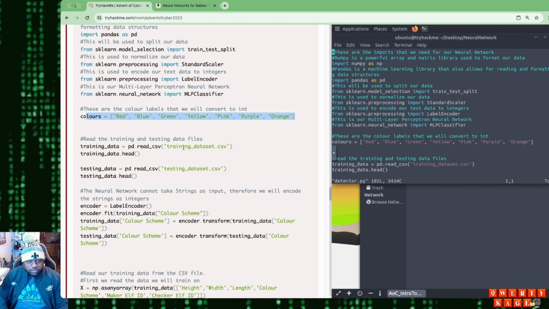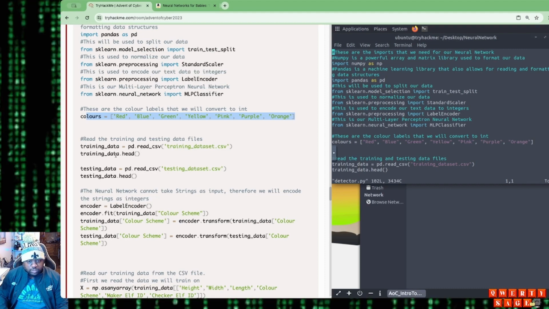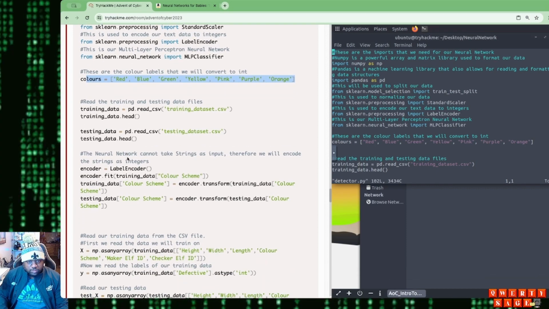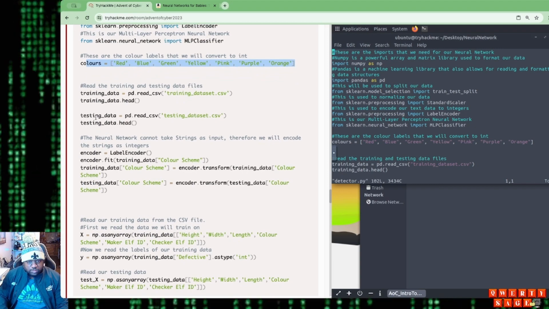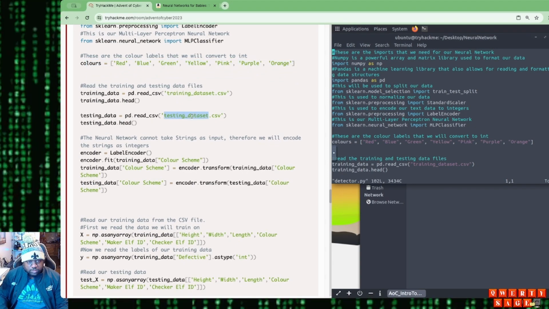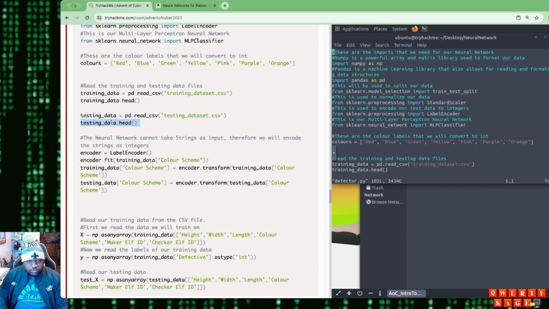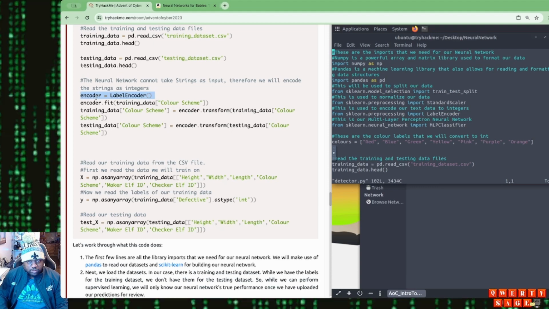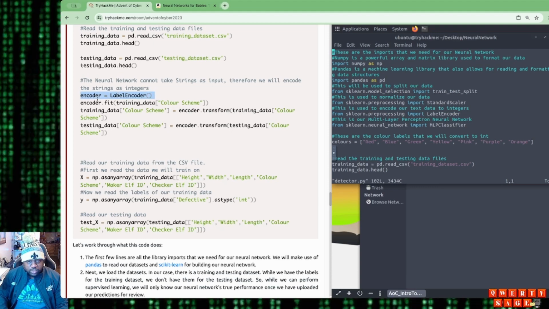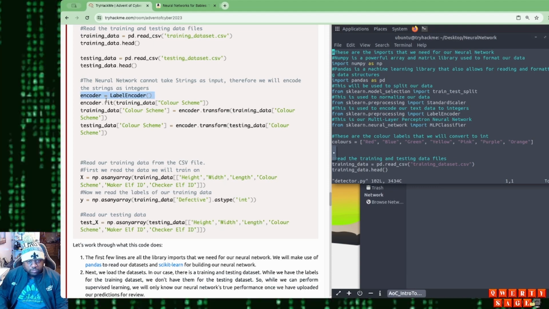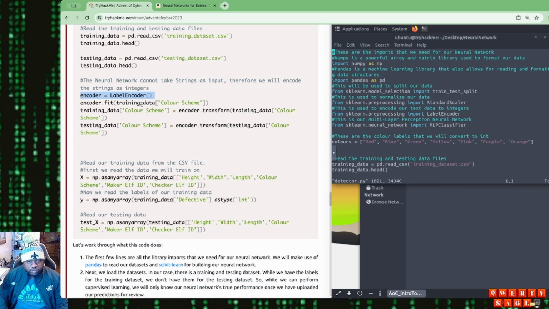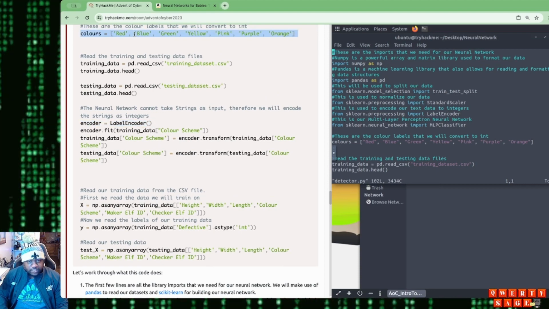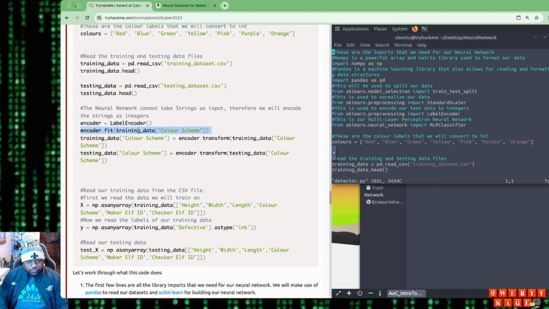Training data, you're going to read the CSV, and all right, so it's going to read both the files. It's going to instantiate an encoder, a label encoder, and it's going to take this array and fit it in.